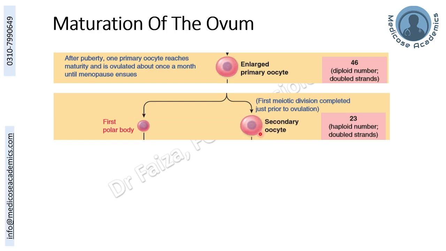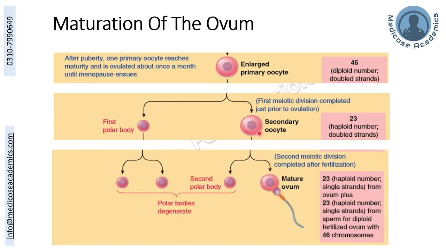When this secondary oocyte will start meiosis 2 and still arrested, will ovulate, and if fertilized will complete its secondary meiosis, that is meiosis 2, to convert into now mature ovum and another polar body, and will divide its 23 double-stranded chromosomes to 23 single-stranded chromosomes each.